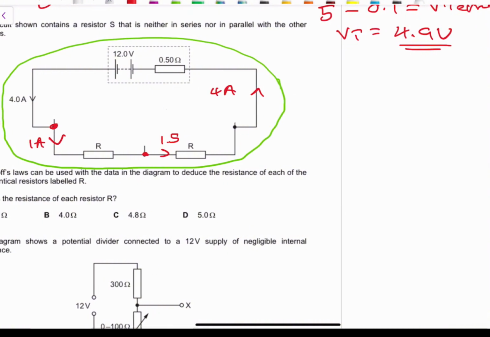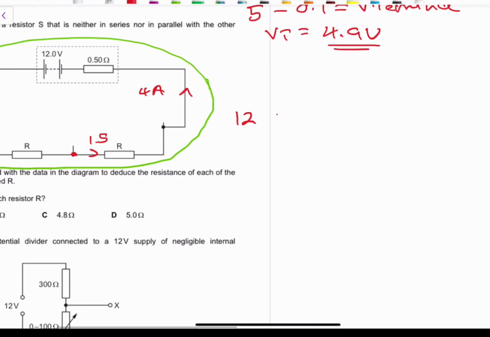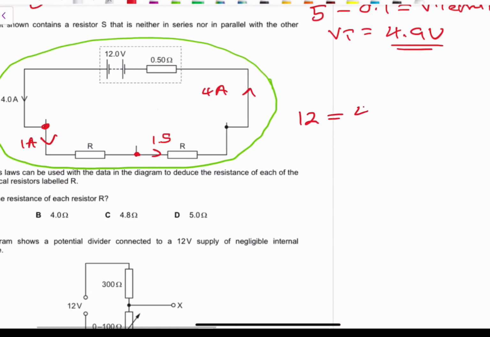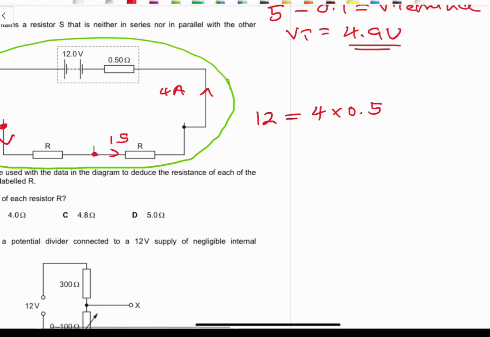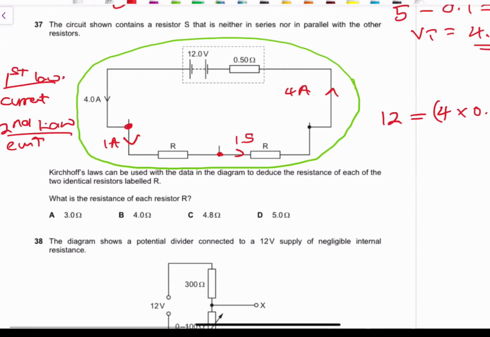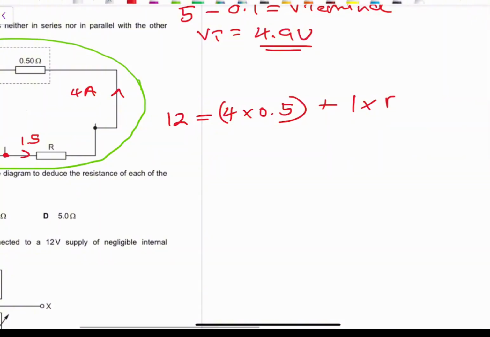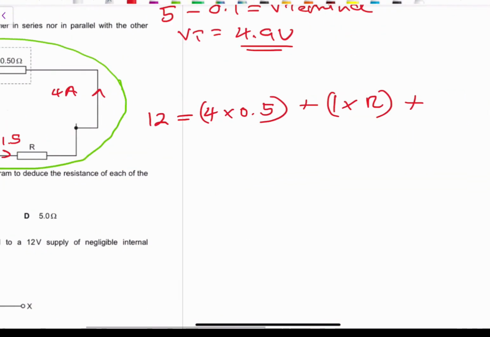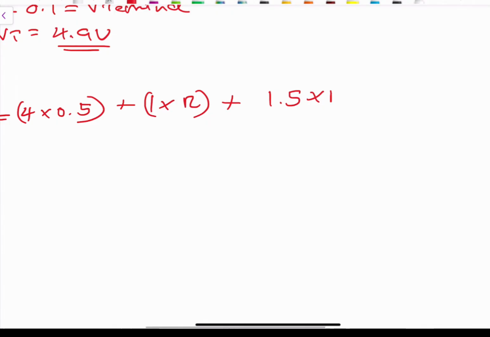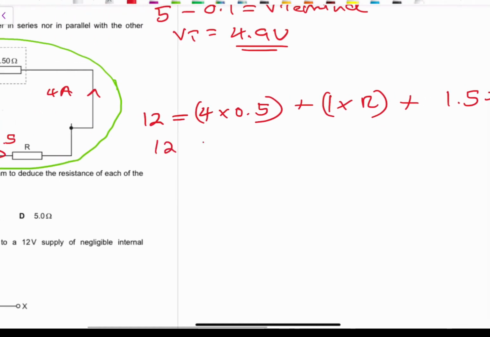So let's first start. I have 12 on this side, and it's going to be equivalent to that 4, which would take 0.5, plus, that's 1 and that's R, so it's 1 multiplied by R, plus that's 1.5 multiplied by R. That's going to be 12, which is equivalent to 4 times 0.5, that's actually 2, plus 1 plus 1.5, so 1 plus 1.5 is going to give us 2.5 R. So 2.5 R is equivalent to 12.